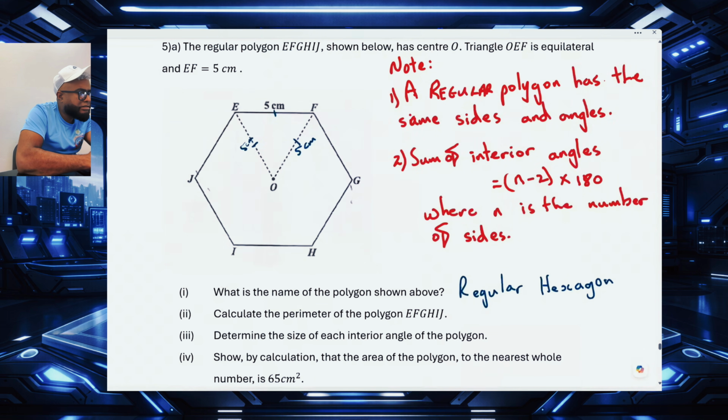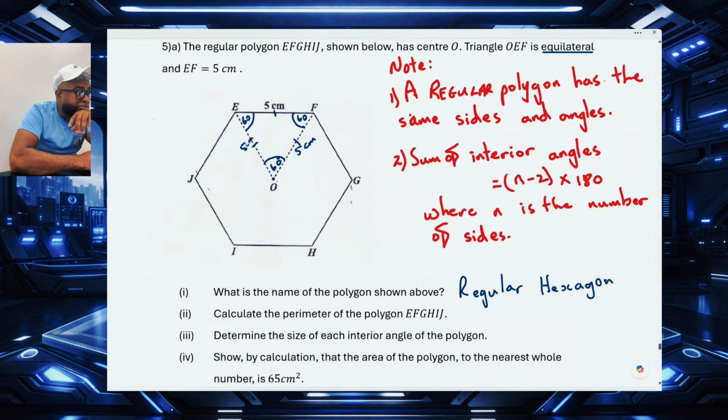All the angles are equal. And what will all the angles in a triangle be? 60. So we know all of that from just them telling us that it is an equilateral triangle.